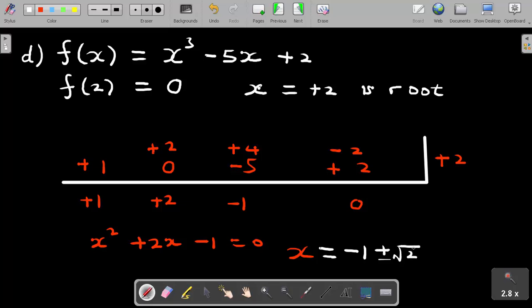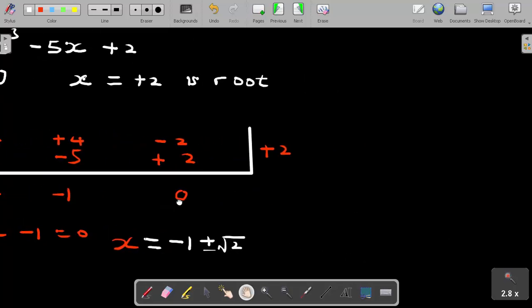Okay, so I have these answers here. What are they? Let's write them down. It means our x values, our x-intercepts, which we have here. What was the first one initially? We had it as x equals positive 2.